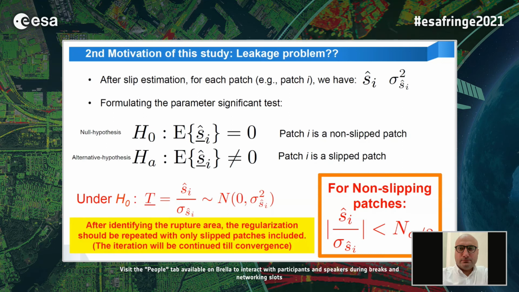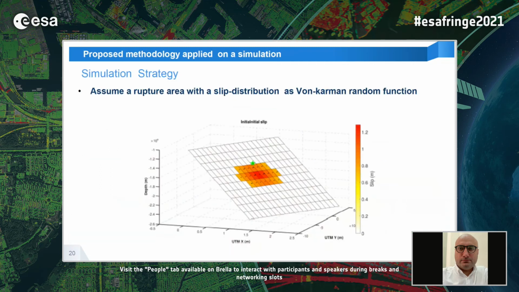After identifying the rupture area, meaning which patch is slipping and which not, we then iterate. We do regularization again, but this time the non-slipping patches are excluded from the inversion, and we iterate until convergence. This is one simple simulation. This is a slipping area based on the von Karman.